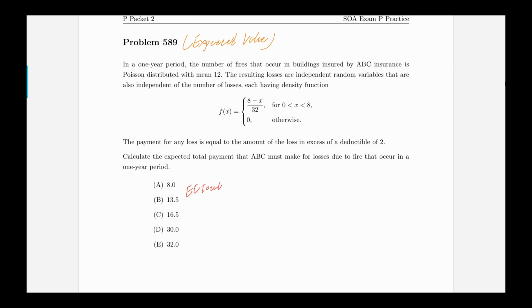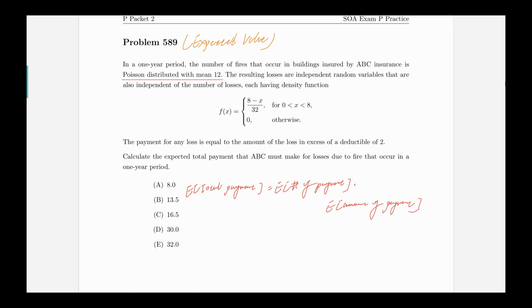Total payment is simply equal to the expectation of the number of payments times the expectation of the amount of payment. The question says that the number of payments is Poisson distributed with the mean 12.